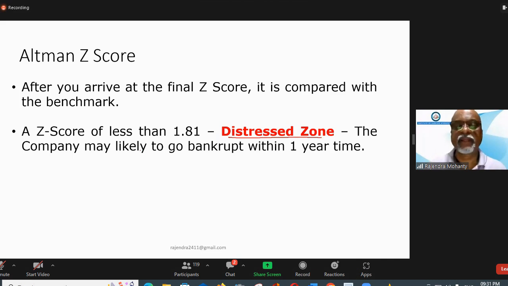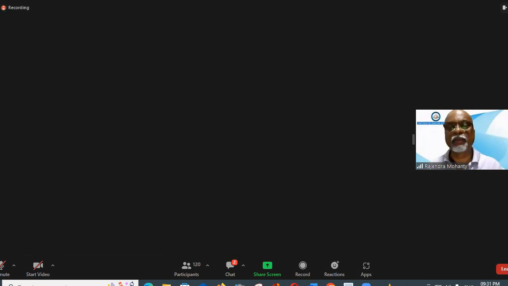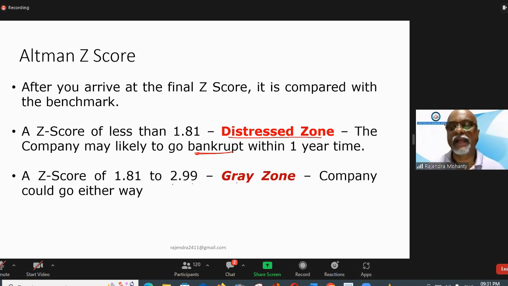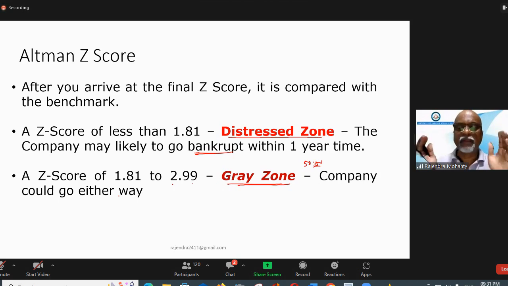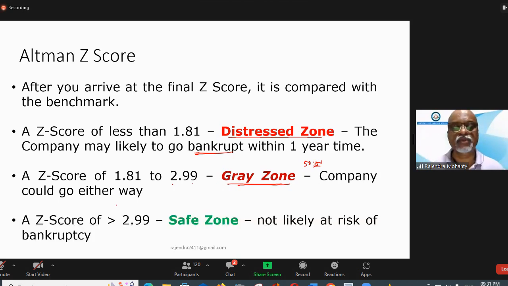That means the company is likely to go bankrupt within one year. The next range, 1.81 to 2.99, is called the gray zone, which I call 50-50. The company could go either way: it might go to bankruptcy or to the safer zone. It is in the midway. And third, when the score is more than 2.99, it is the safe zone. There will be no bankruptcy for at least the next one year.